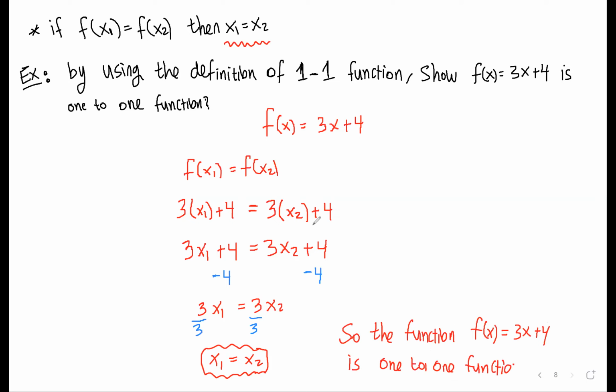Why? Because I plug in f of x1 equal f of x2, I do the processing until I get x1 equal x2. When I arrive at this point, this means the function is one-to-one.